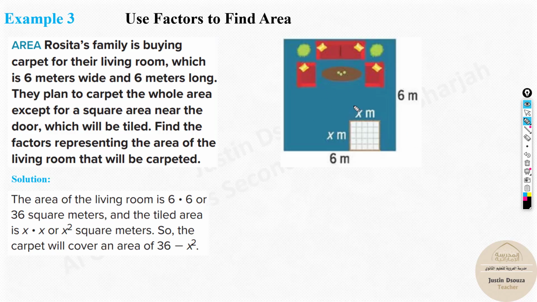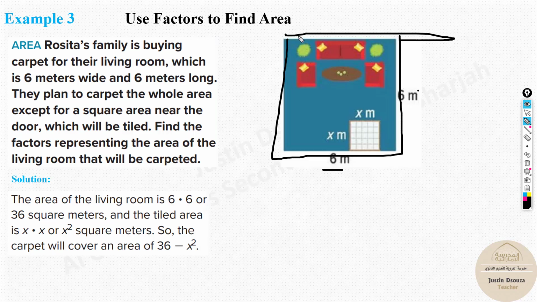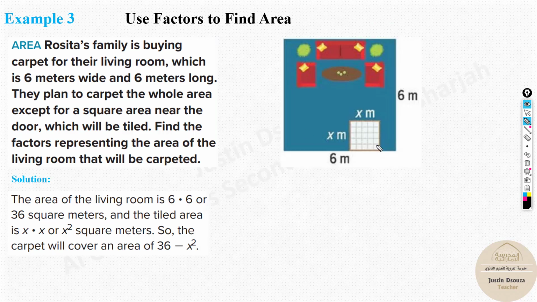Here the much easier way would be, look at this, both the sides are the same. So what is the total area of the square? The total area would be 6 times 6, that is 36. Now which is the area that you don't want? The area near the door. This part is not required, so that is x squared. So the area of this one is x squared.